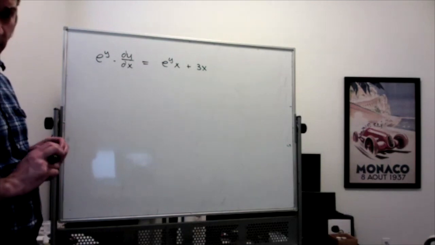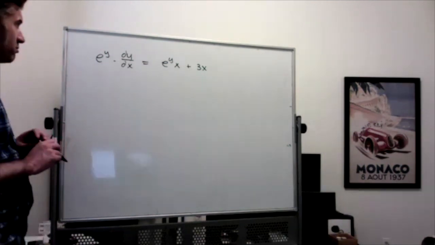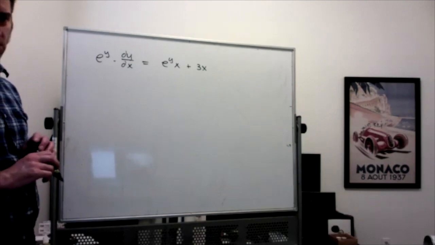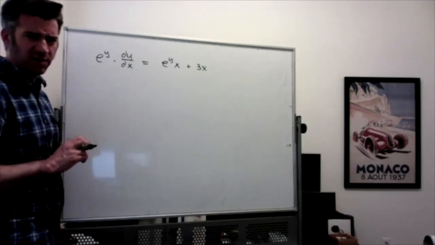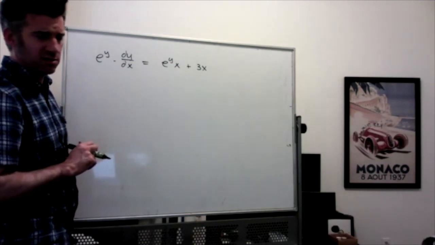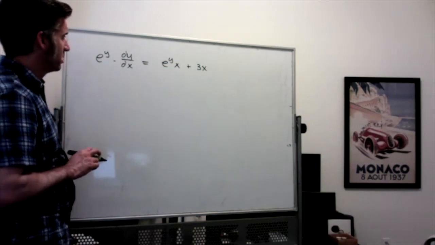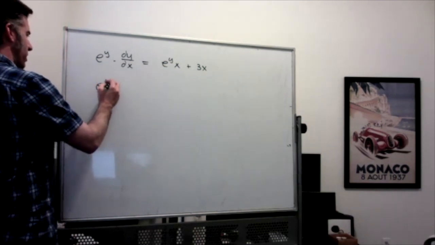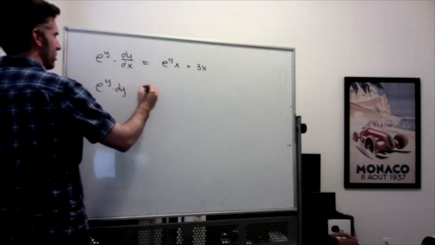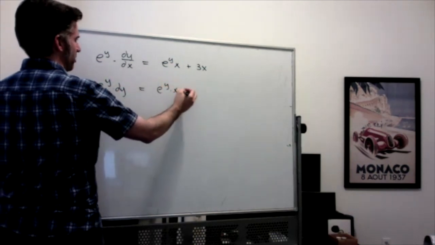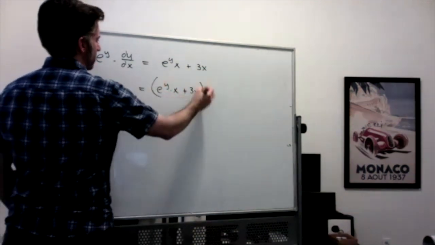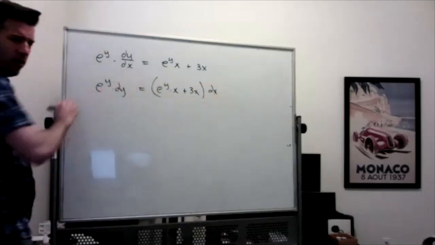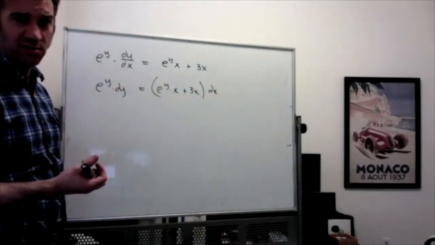So I want to separate my variables. How do I separate those variables? I've got e to the y times dy equals e to the y times x plus 3x times dx, but I need to move that y over to the left.